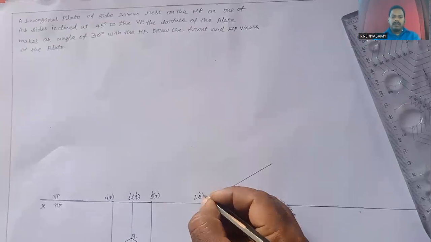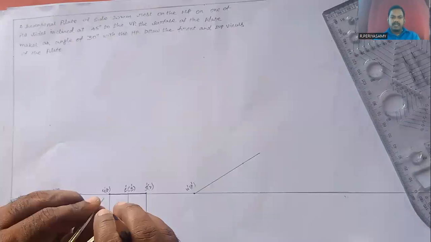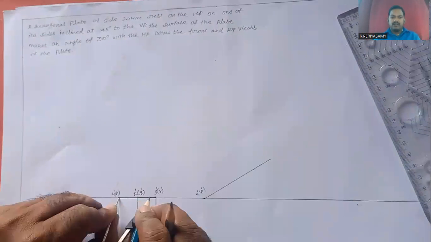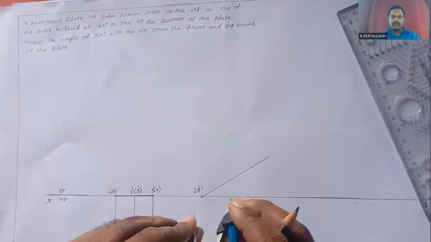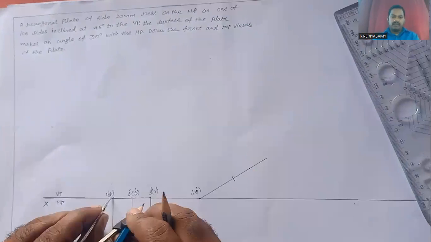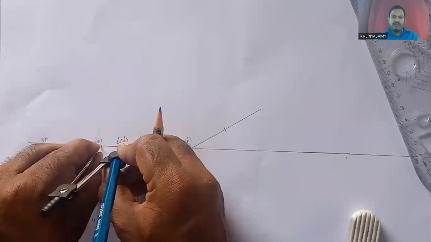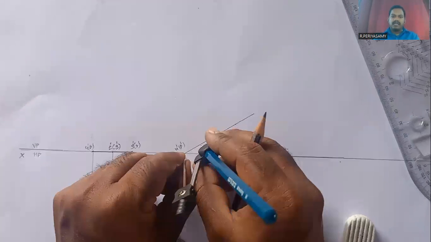Next we have to measure T dash Q dash, S dash R dash. Next we measure S dash R dash, and then we mark here. Next we measure T dash Q dash, then we mark the point on the 30-degree inclination front view line.